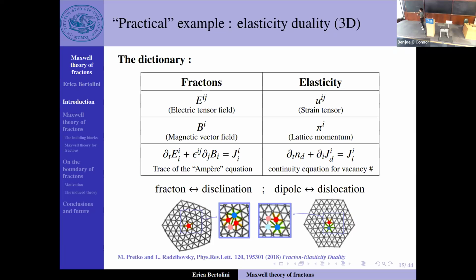If we find something about fractons, we can also infer something about elasticity theory by using this duality, which tells us that the electric and magnetic fields are related to the strain tensor and lattice momentum of the models, and that their equations of motion, the trace of the Ampere equation, for instance, is related to a continuity equation for these. So this is a nice application of fracton models in 3 space-time dimensions.